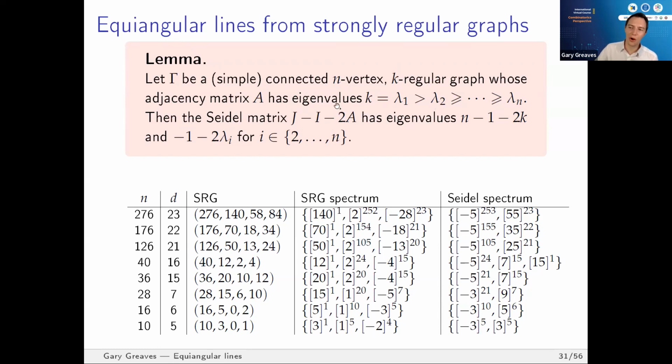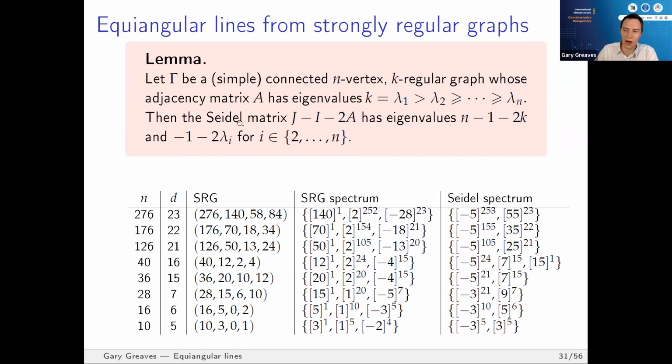Then you can take the corresponding Seidel matrix, J minus I minus 2A, and the eigenvalues are easy to write down. You get n minus 1 minus 2k, coming from the top eigenvalue, and then minus 1 minus 2 lambda i for all the other eigenvalues. So this works for any regular graph.